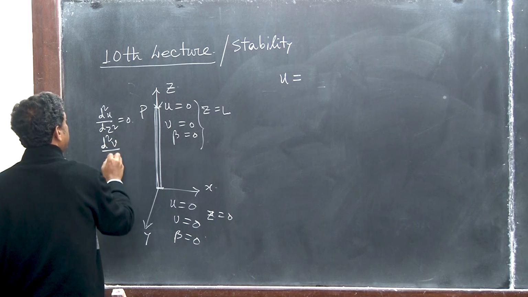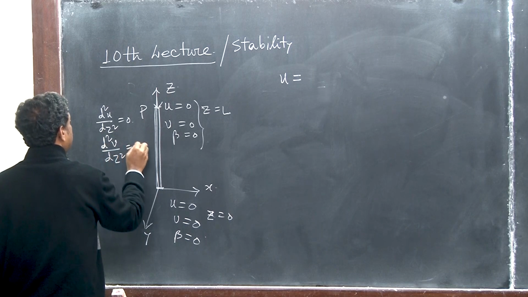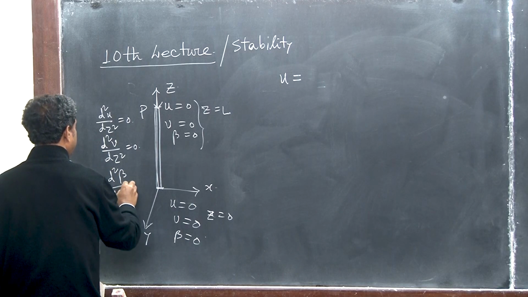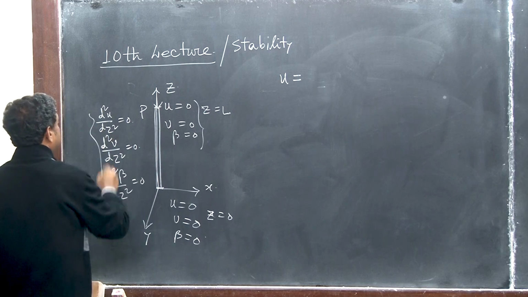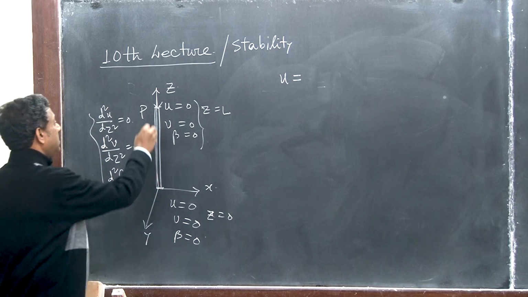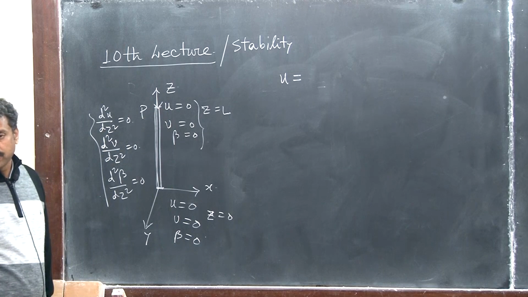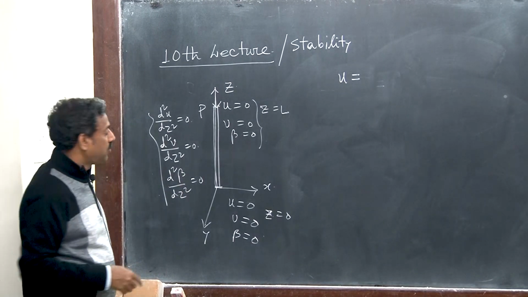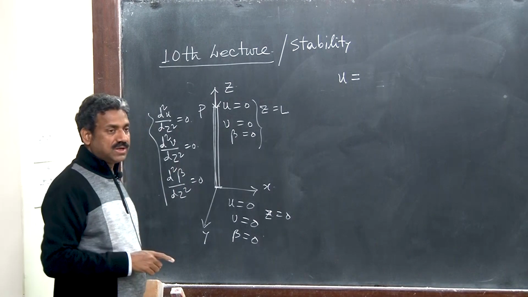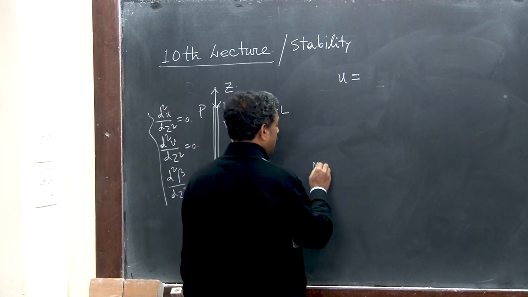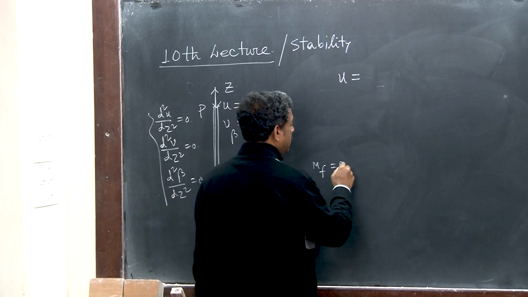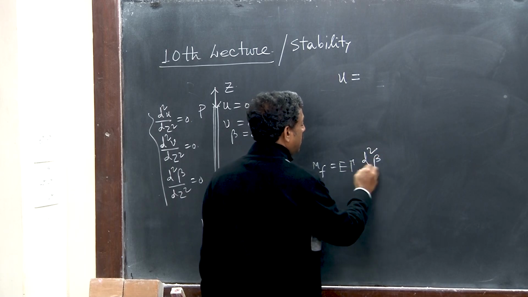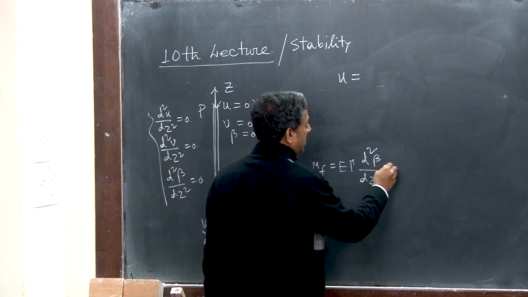d2v dz2 is 0, d2 beta dz2 is 0. Why? Because the bending moment should be 0 there, and it is not restrained against warping. Not restrained against warping means the warping moment, which was E lambda d2 beta dz2, must be 0.